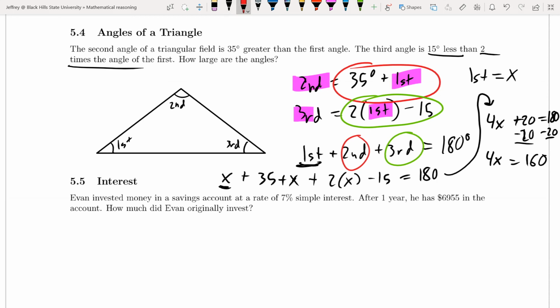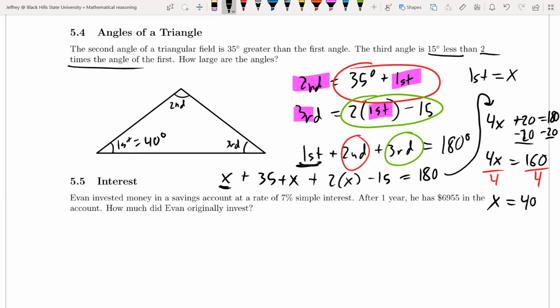I can divide both sides by 4 and end up with x, or the first angle, equaling 40. So I know that this angle here equals 40 degrees. From here I can solve for the other angles.